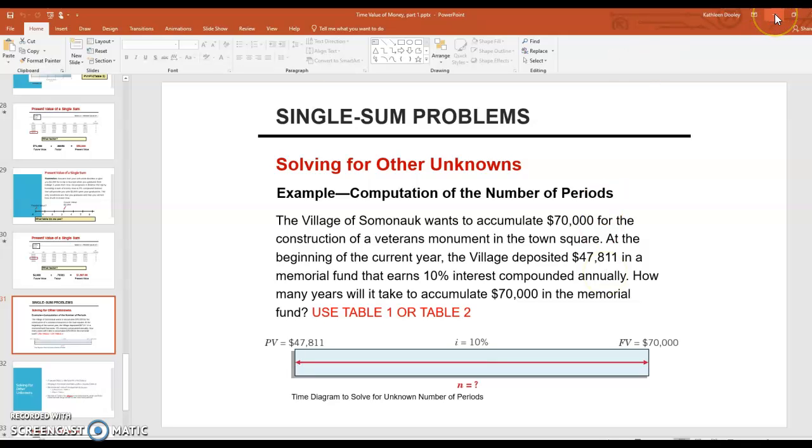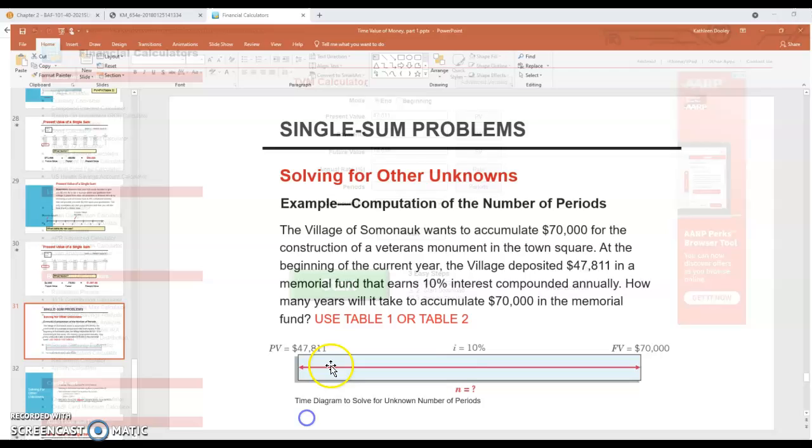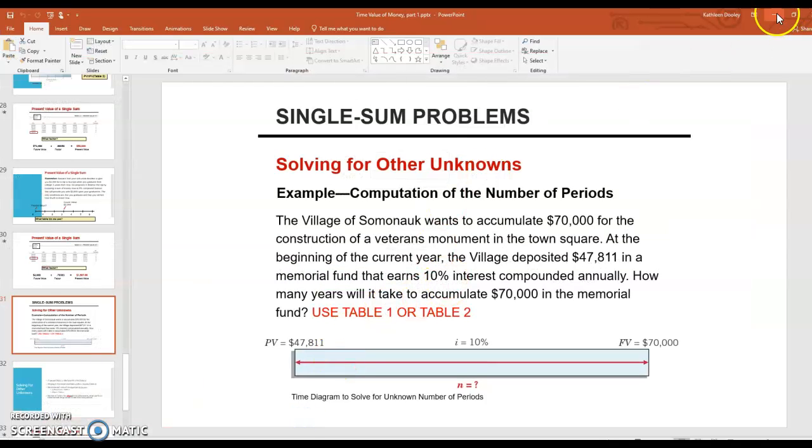Okay, now we can do this one in here as well. Okay, our present value is 47,811. And our future value is 70,000, okay? And the number of periods is what we want. The annual interest rate, how much was that? 10%.